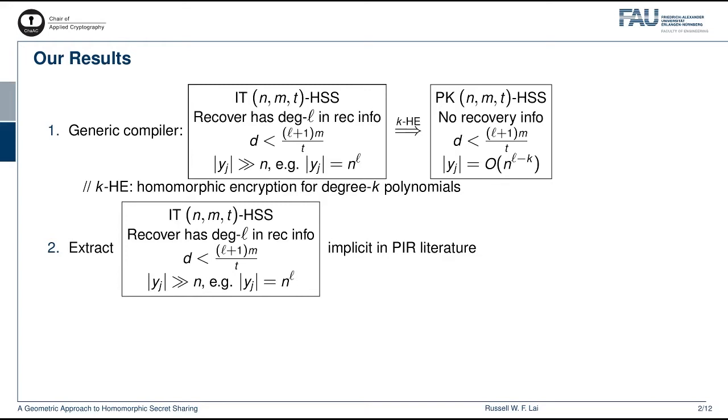These extracted IT HSS schemes are going to be compatible with our generic compiler presented in result 1. Finally, for our third result, we define the notion of preprocessing HSS and show how they are useful in building preprocessing MPC protocols.